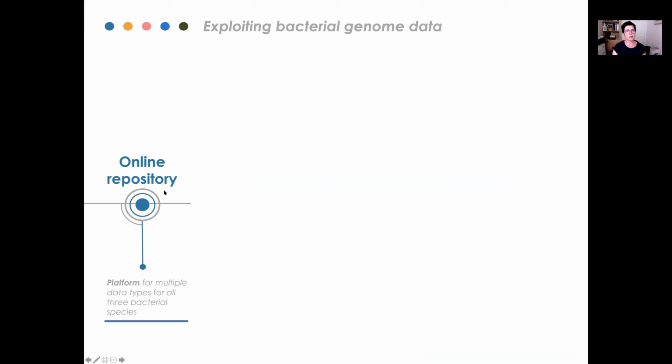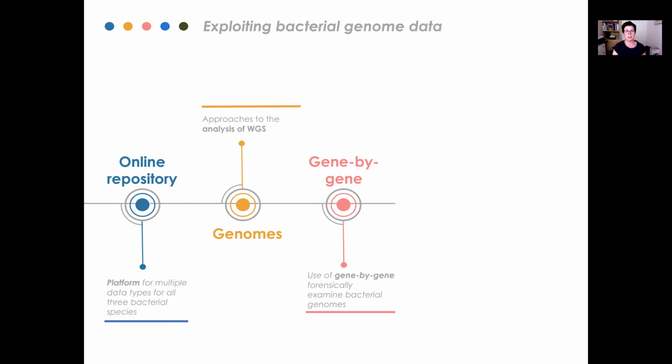So to conclude then, when we're exploiting our bacterial genome data, PubMLST is an online repository. It's a platform that accepts multiple types of data and is available for all 3 bacterial species that we'll be looking at this afternoon. There are lots of different approaches to the analysis of whole genome sequence data, and in particular what we have been developing is the gene by gene annotation, which is particularly applicable for STD pathogens, and we can use this to really forensically drill down into bacterial genomes and examine these in closer detail.